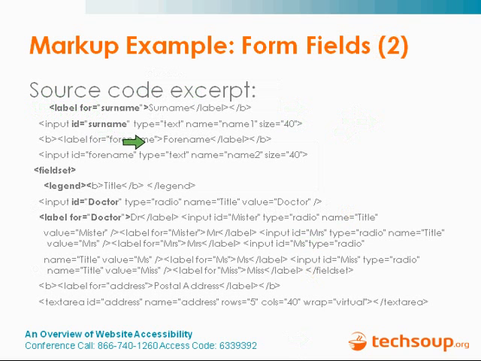Then you use an ID attribute within the input tag to indicate which label goes with that particular form field. For radio buttons and checkboxes, you want to have a field set tag, indicate the legend so that people know what the general purpose of that set of radio buttons or checkboxes is, and then again associate an ID with a label.